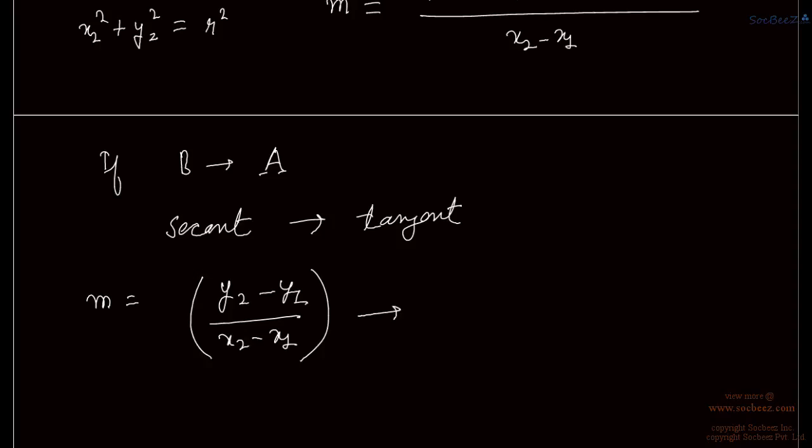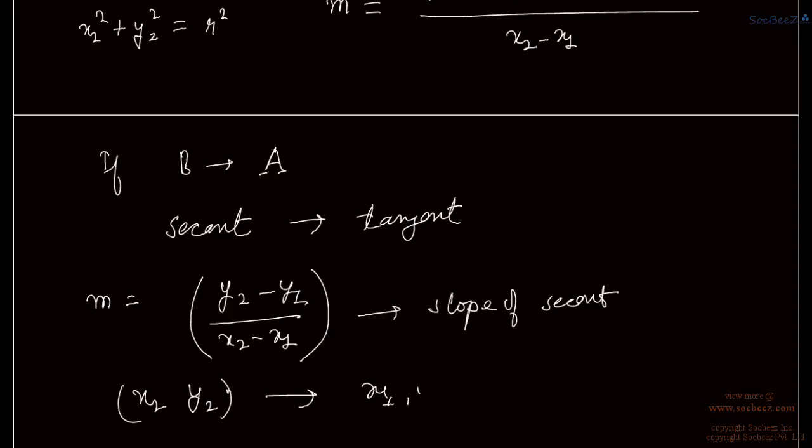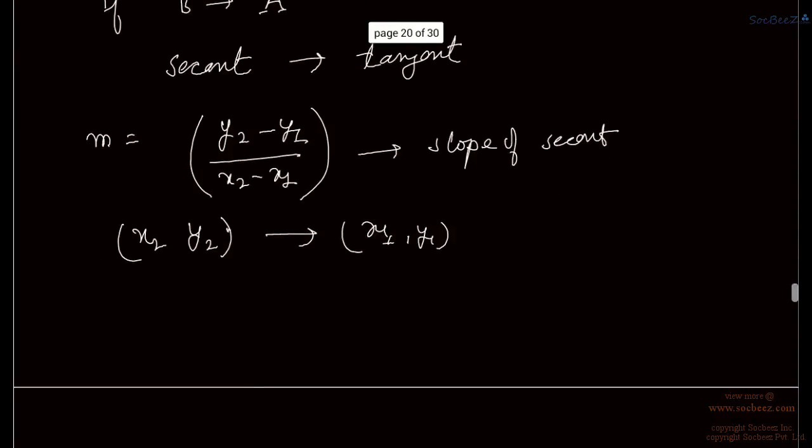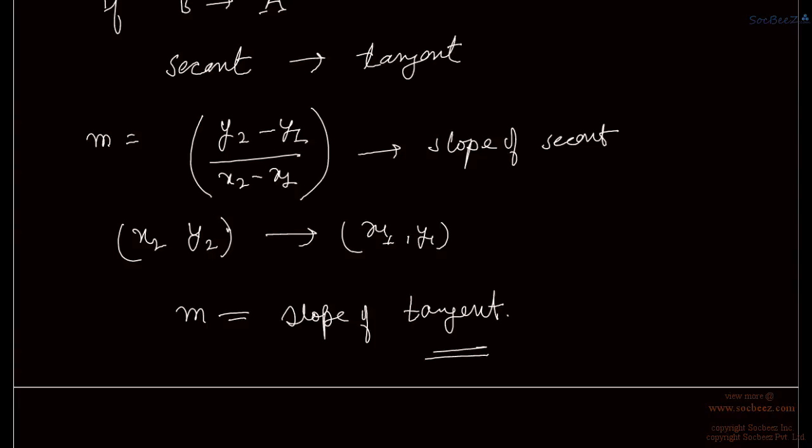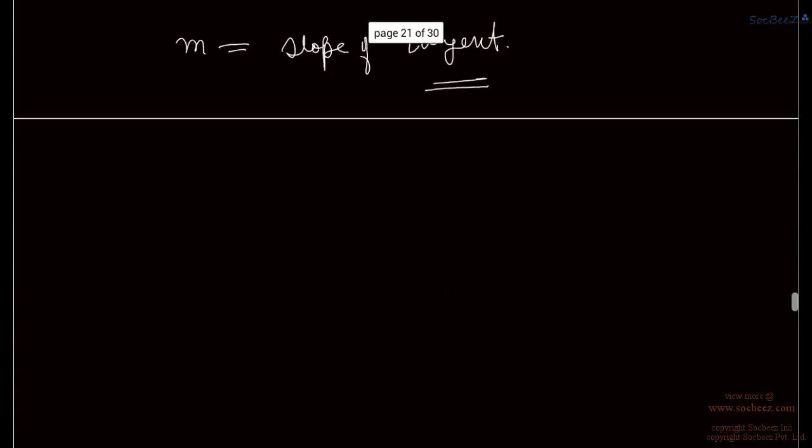So this slope is the slope of secant. So if point x2 y2 tends to point x1 y1, then we can say that m is the slope of tangent.